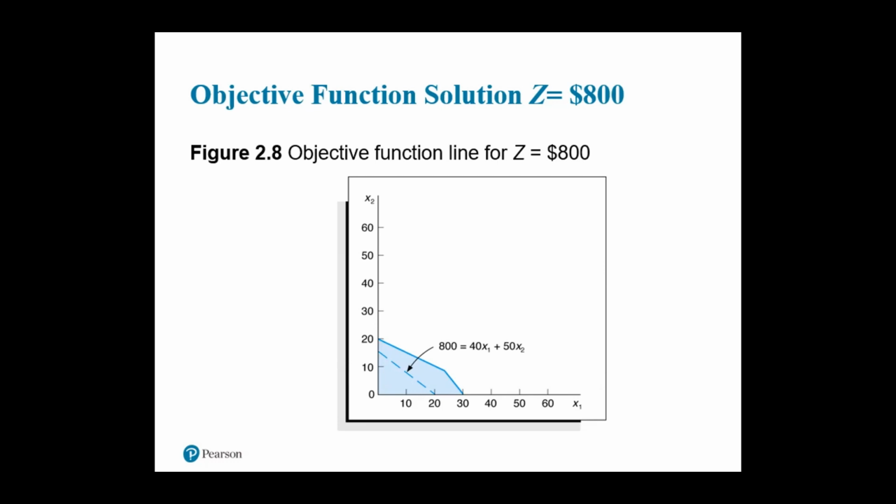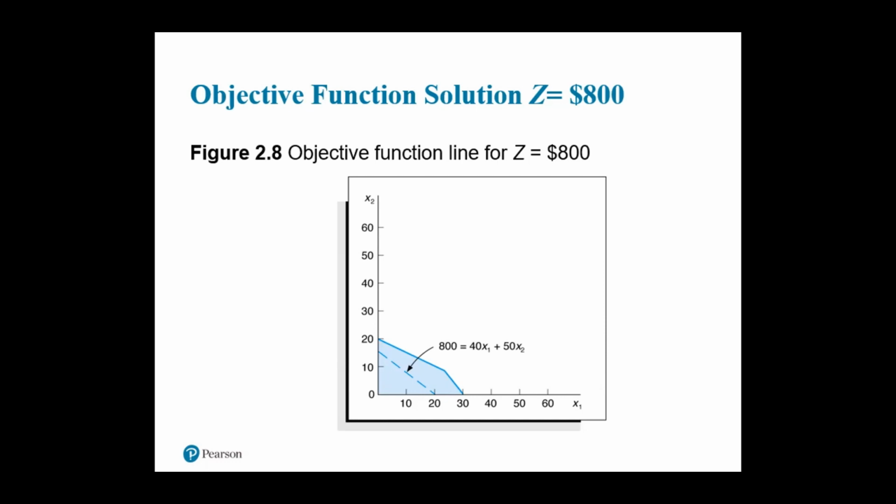If x2 is equal to 0, then 800 will be equal to 40 x1 plus 0, which means x1 will be equal to 20.